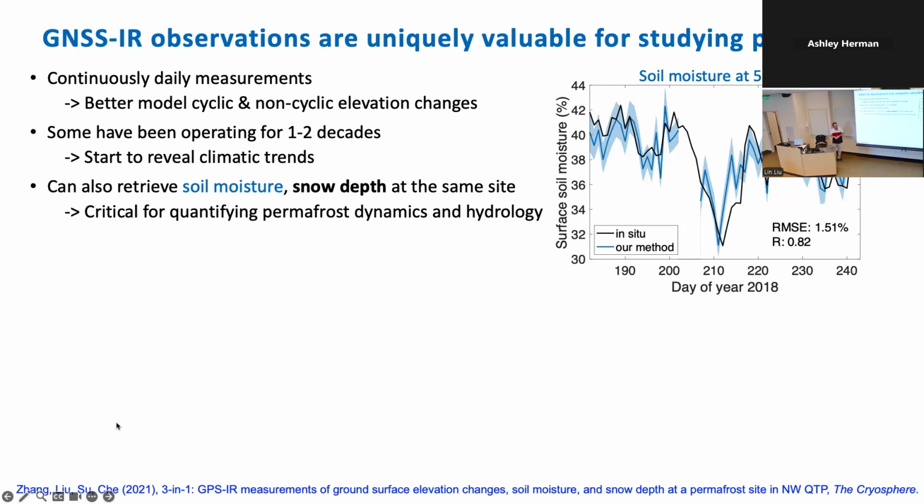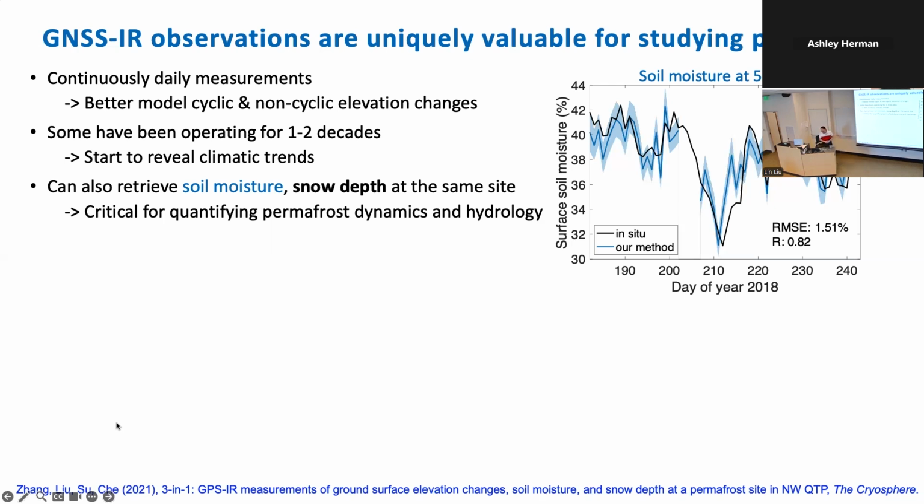And GPS IR turns out to not only give us subtle elevation change on the ground. It can give us soil moisture. Here is an example done by another student, using GPS IR to retrieve soil moisture, shown in blue, compared with an in situ soil moisture probe at 5 centimeter depth.